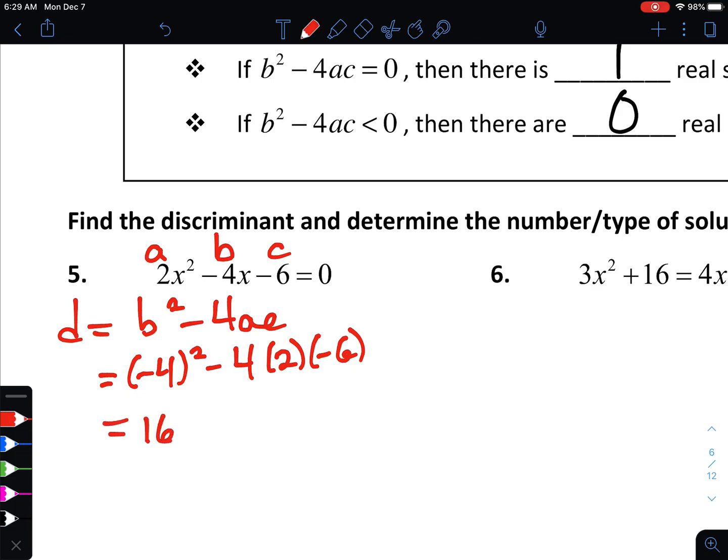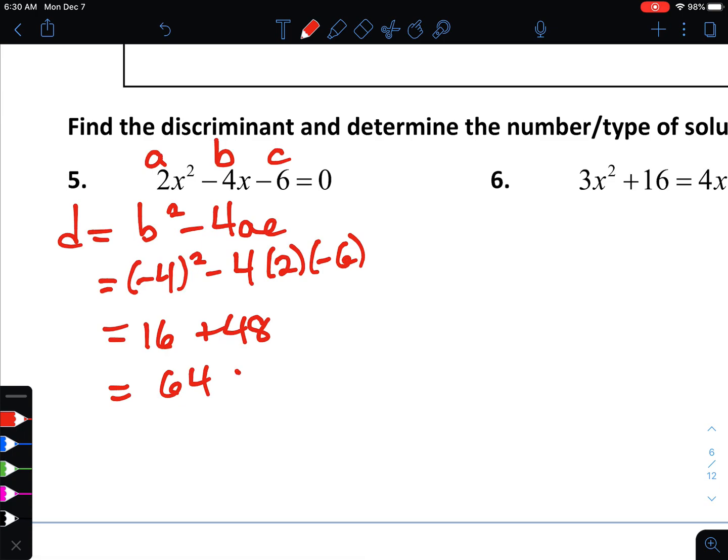So then simplifying that, negative 4 squared is 16. And then negative 4 multiplied by 2 is negative 8. Multiplied by negative 6 is going to be positive 48. And then 16 plus 48 is 64. Pretty clearly, 64 is greater than 0. So you're going to have two real solutions on number 5.